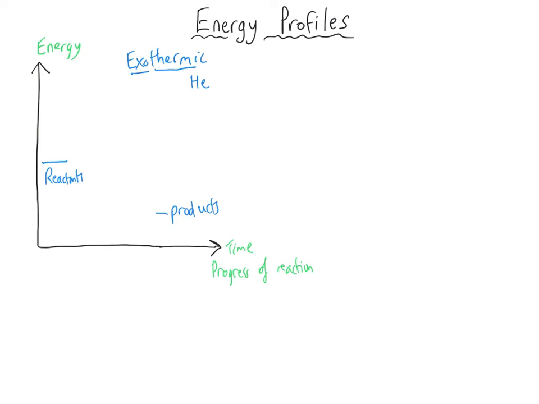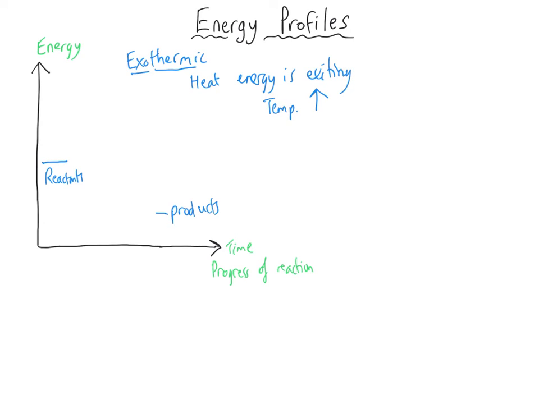So heat energy is exiting, or being given out to the surroundings. And what that means is the temperature of the surroundings will therefore increase. Now, this energy profile doesn't just show us the starting energy of the reactants and the finishing energy of the products. It shows us how the energy changes over time.